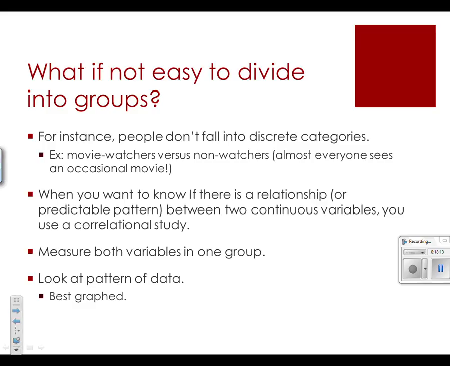There are other circumstances where it is not necessarily easy to divide people into groups. There are certain categories where it's hard to divide people up into discrete yes, no categories.